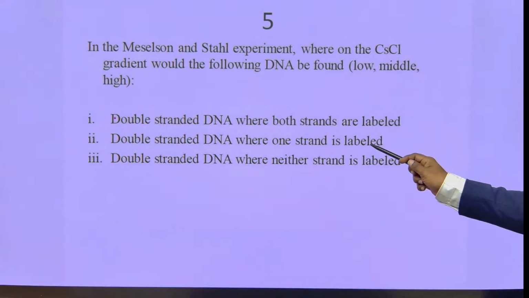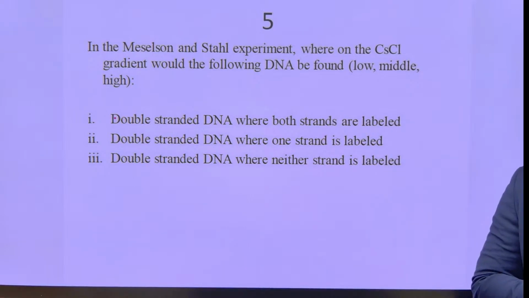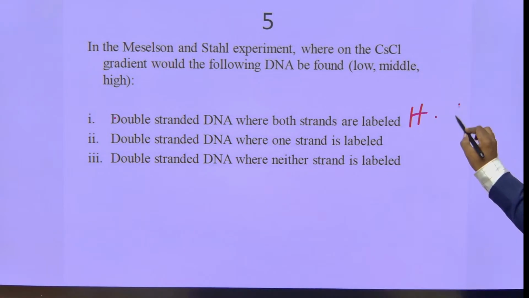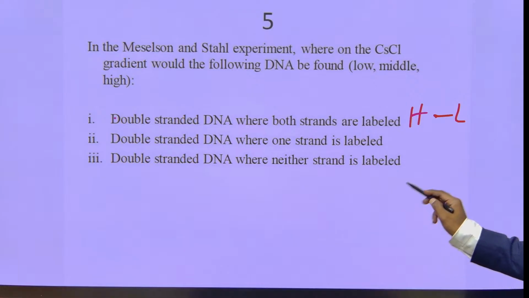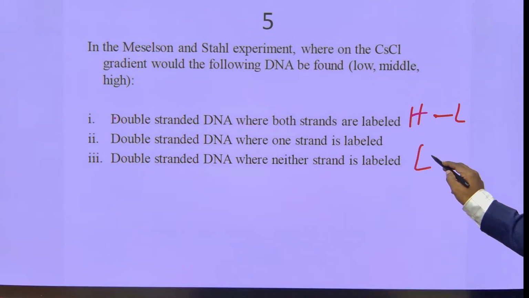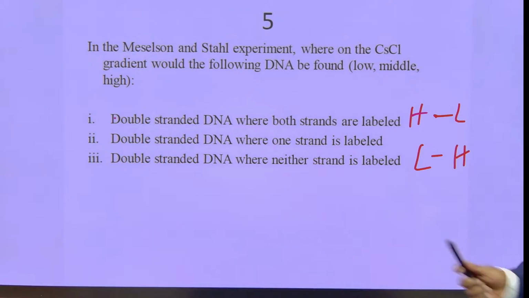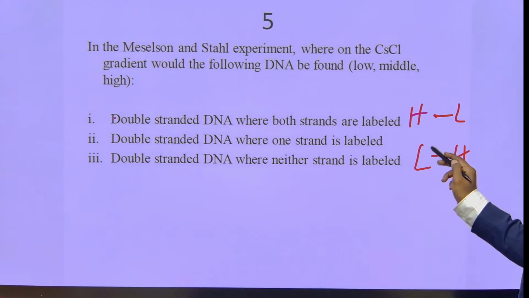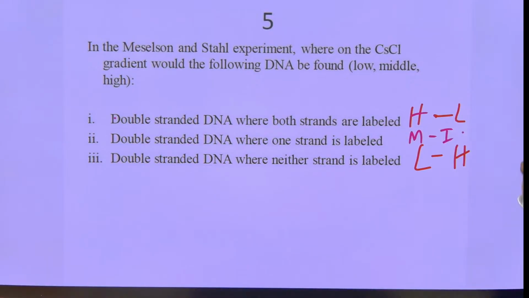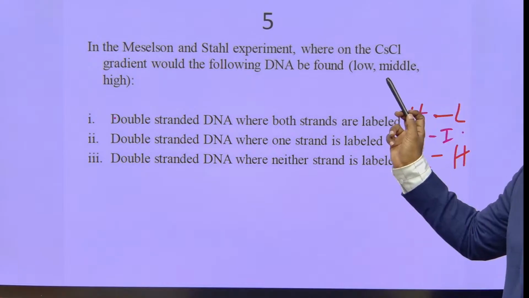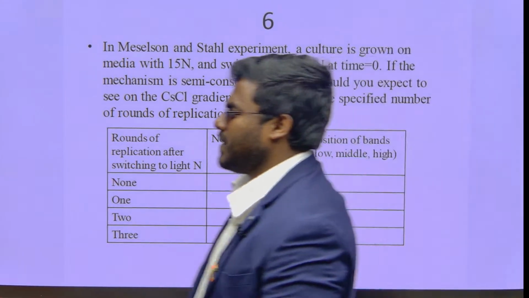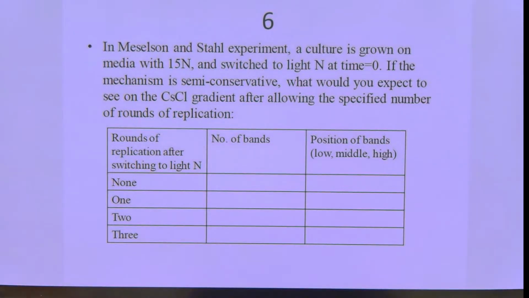First, double stranded DNA where both strands are labeled, which means it is very heavy. Heavy, lower. Where neither strand is labeled, which is light. Light and high position. Only one strand is labeled, position is middle, weight is intermediate. Correct now? They are asking only the positions.